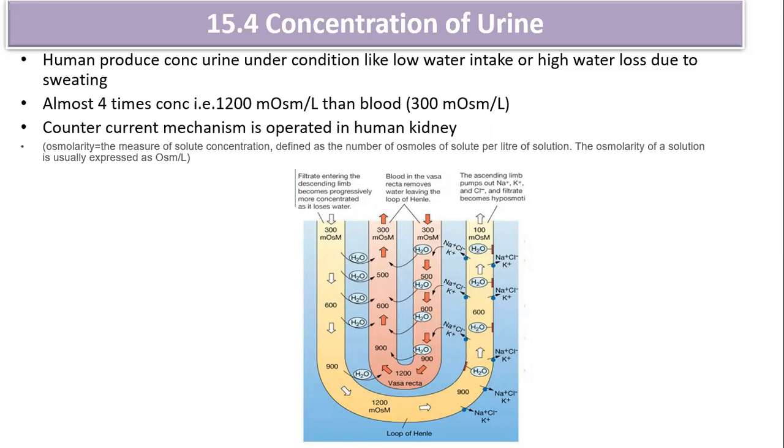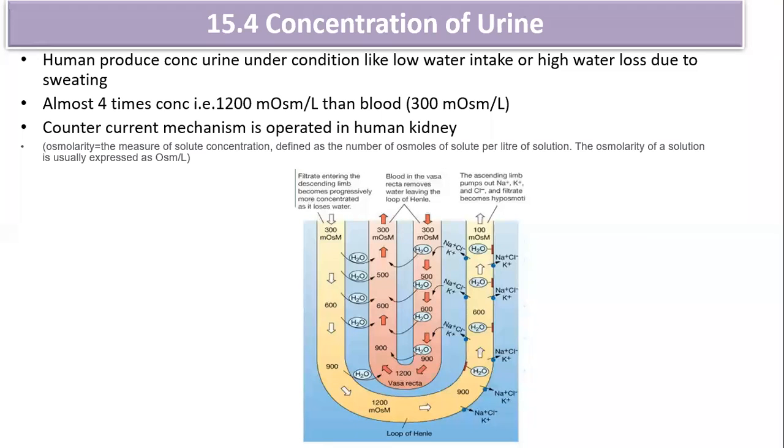Now there is a mechanism called the counter current mechanism, which helps in making the concentrated urine. The counter current mechanism operates in the human kidney with the help of Henle's loop as well as the vasa recta.